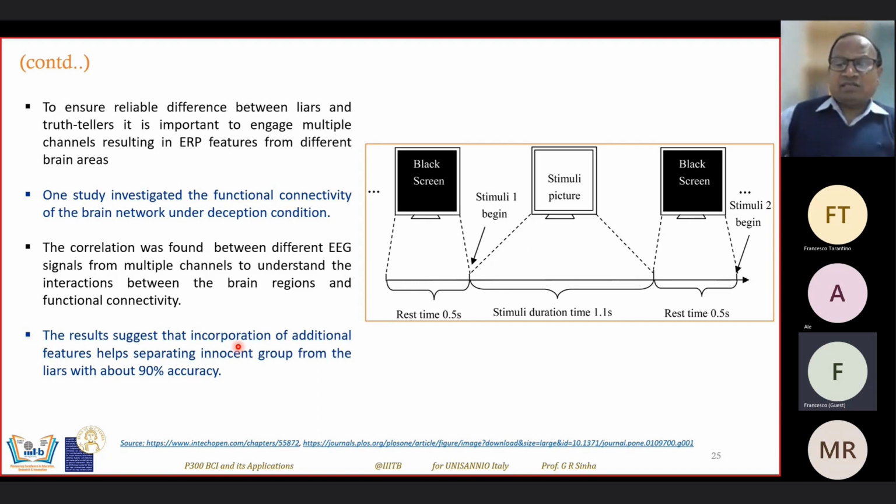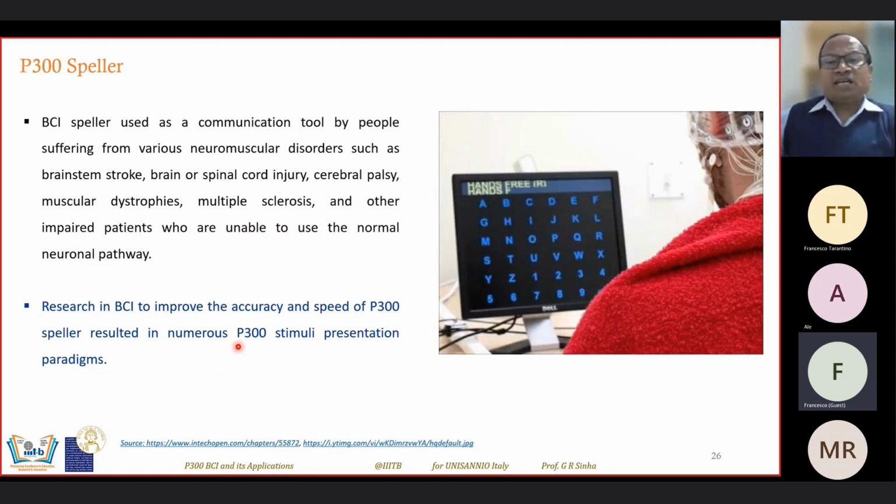So that is possible. Now, the P300 speller, I was talking about the P300 speller. What is this P300 speller? This is used as a communication tool. Remember, I am talking about the paradigm again and again. I'm also talking about the stimulator again and again.